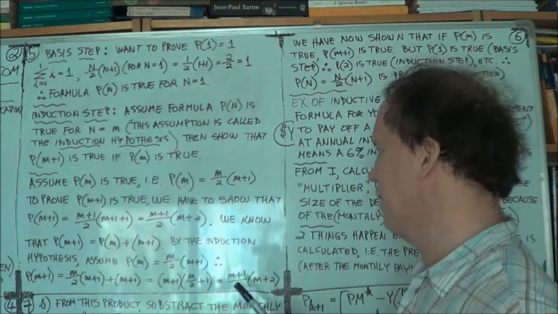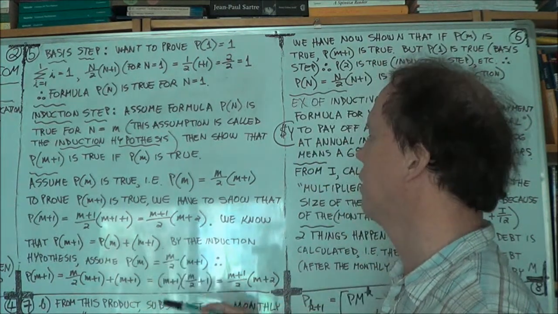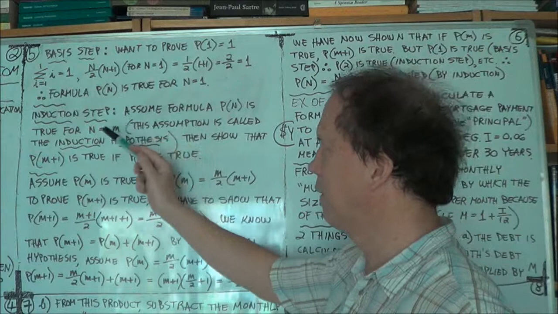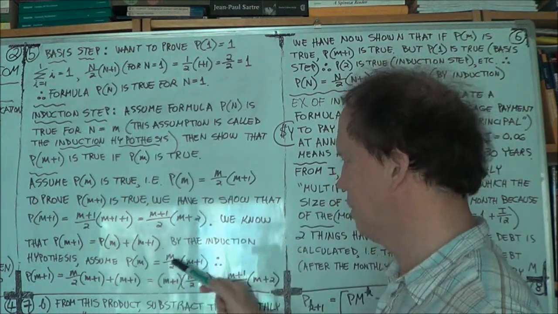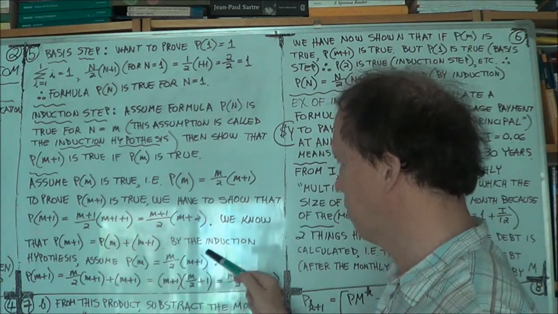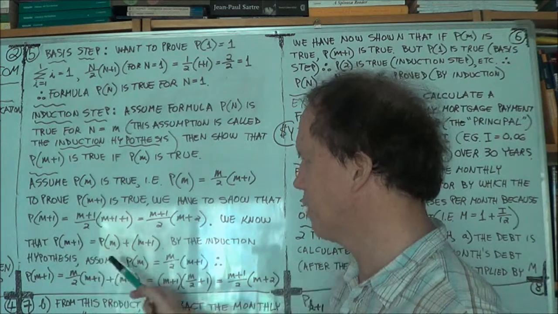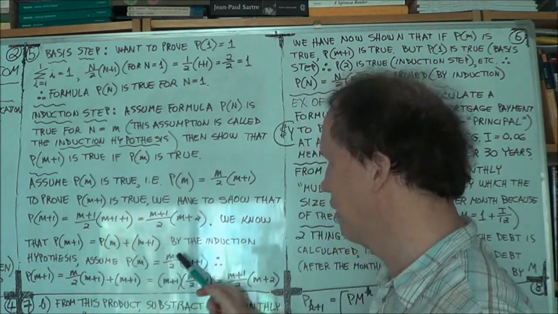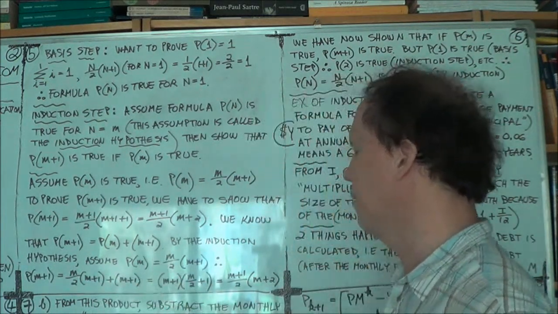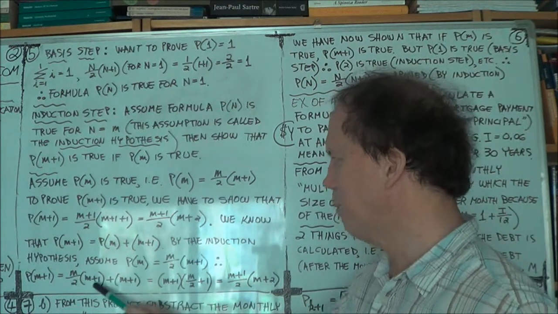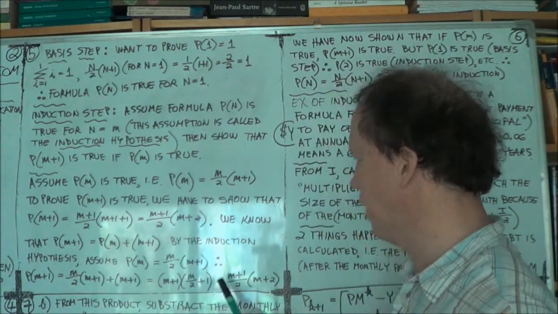Alright, so let's actually do it. We know P of m plus 1 should be P of m plus m plus 1. We're assuming from the induction hypothesis that the formula for P of m is true. So plug that in here. Therefore P of m plus 1 is this, plus m plus 1. Now you've got m plus 1 in common, take it outside, and inside the bracket you'll have m over 2 plus 1.